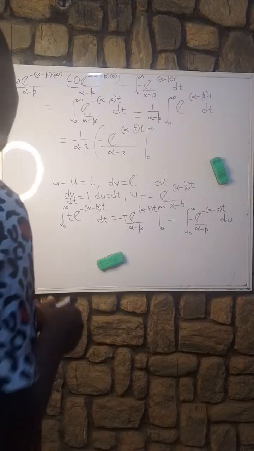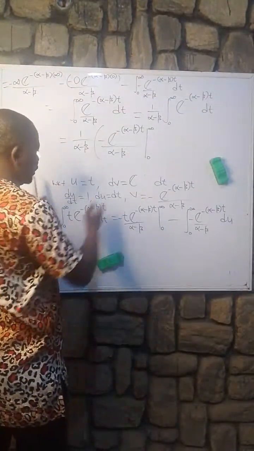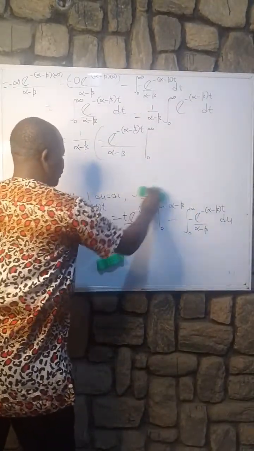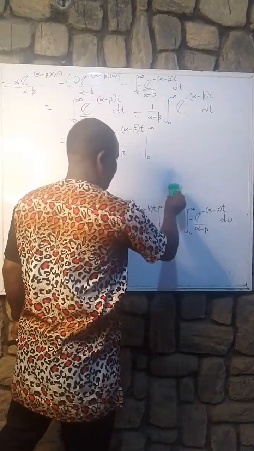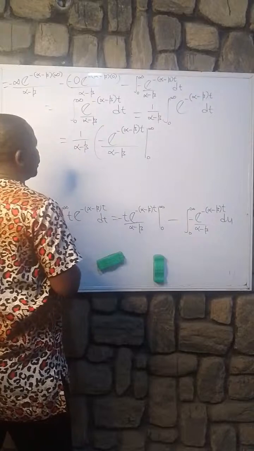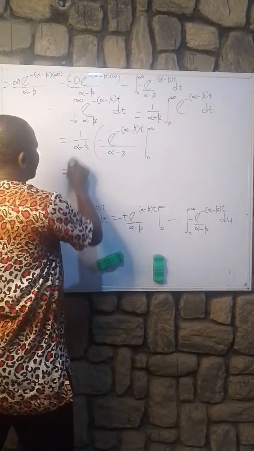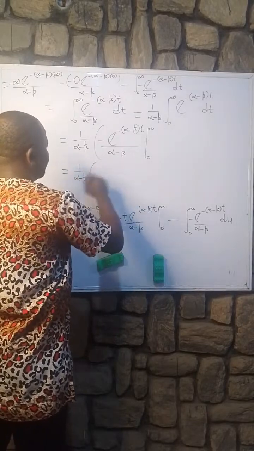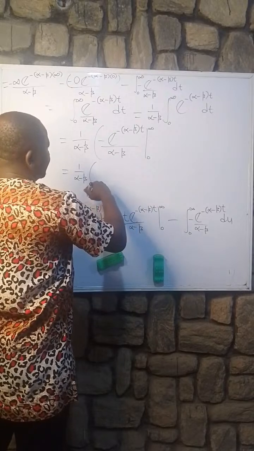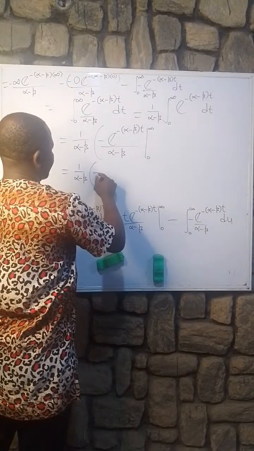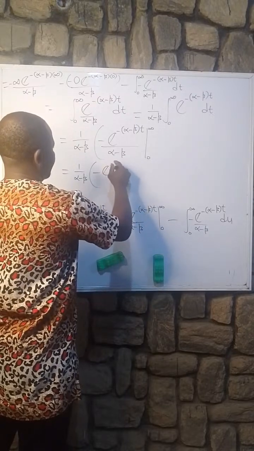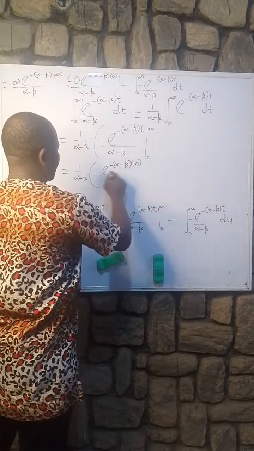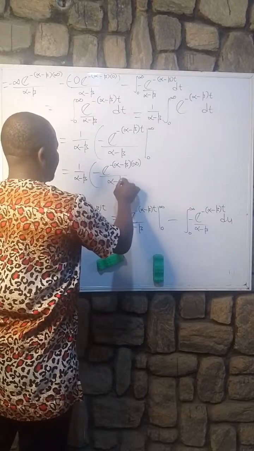So what we need to do here is to substitute. Let us substitute this. So it means here will now be 1 all over alpha minus beta, open bracket minus exponential minus open bracket alpha minus beta times infinity all over alpha minus beta, right?